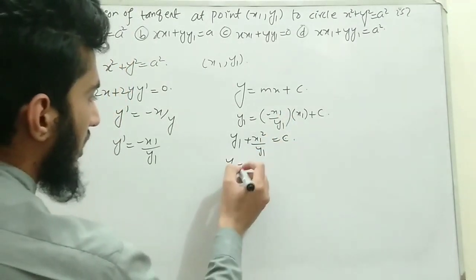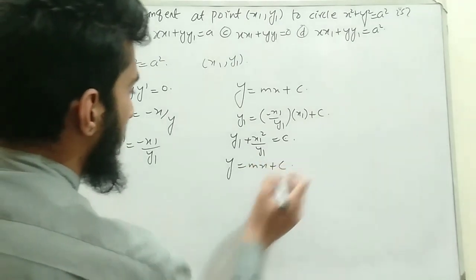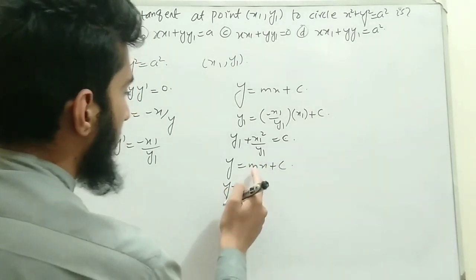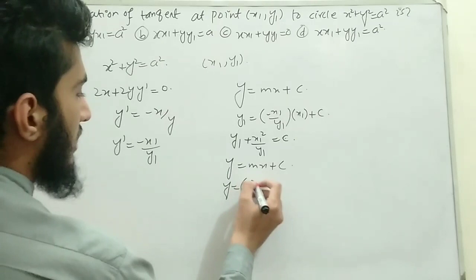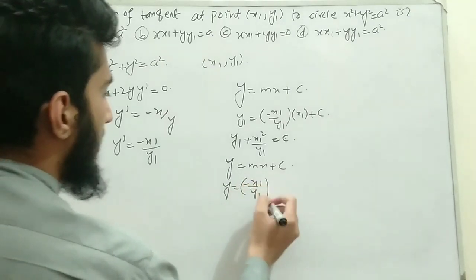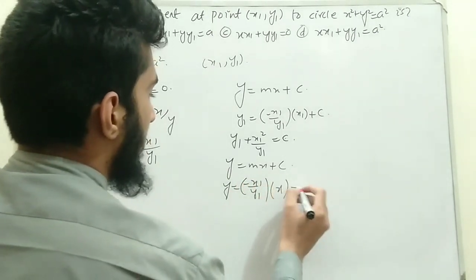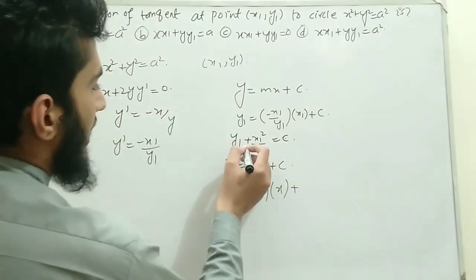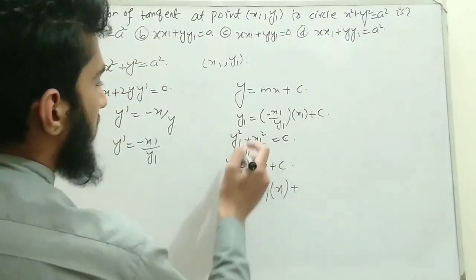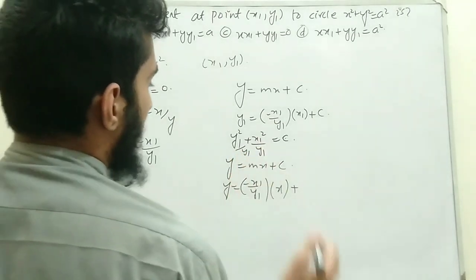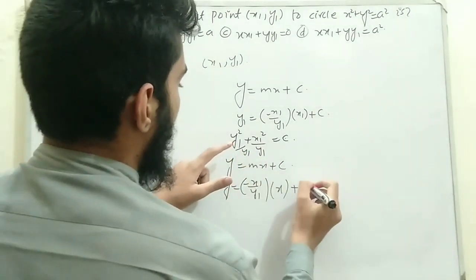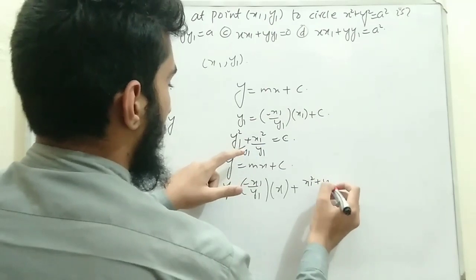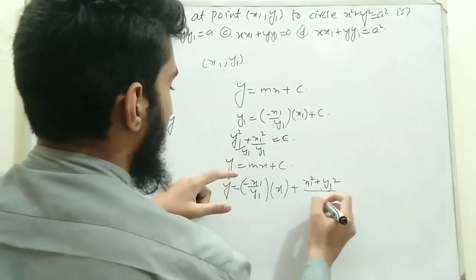Now y is equal to mx plus c is the required tangent equation. So our y value will be equal to m, which is minus x1 divided by y1, our x stays the same, and plus c. For c we can multiply and divide by y1, so it becomes y1 square over y1 plus x1 square over y1. So it becomes x1 square plus y1 square divided by y1.